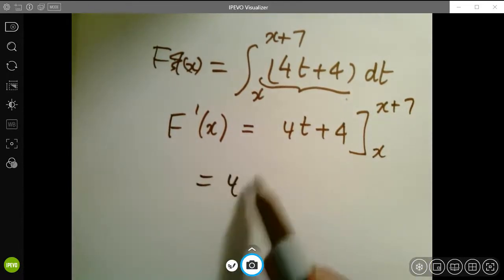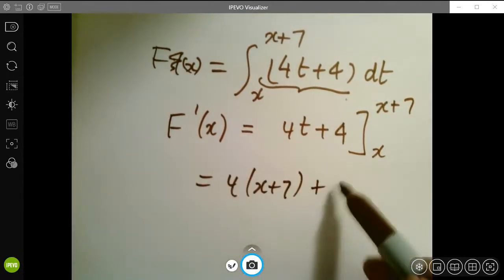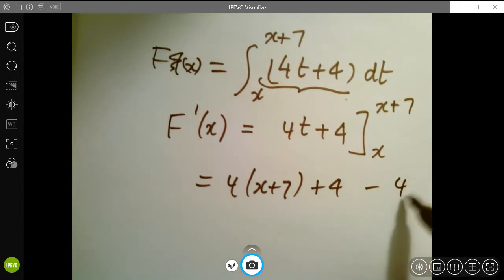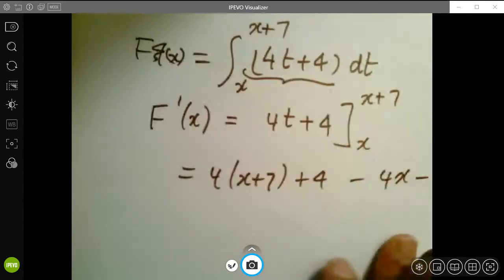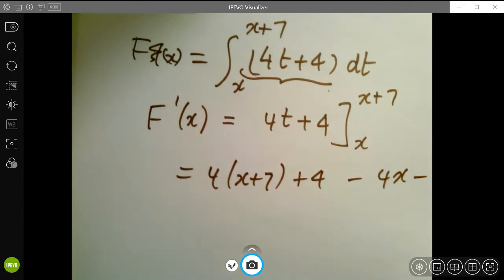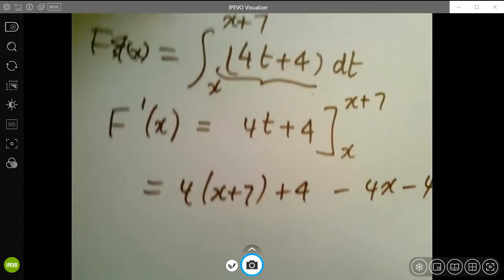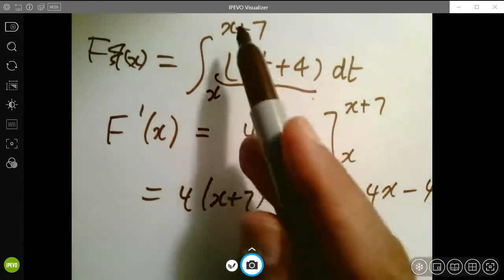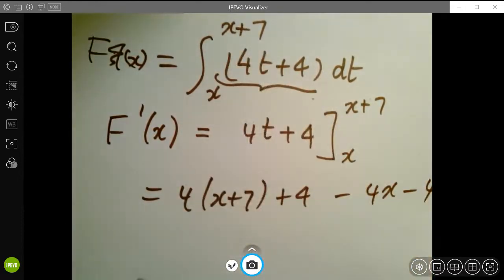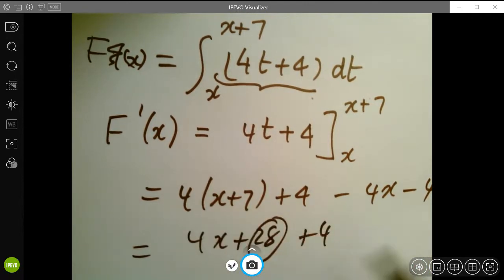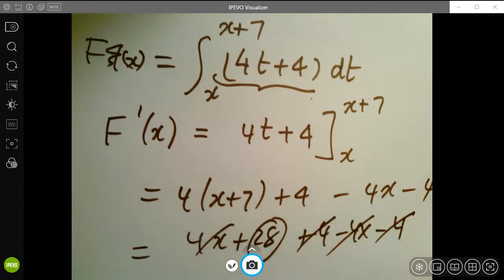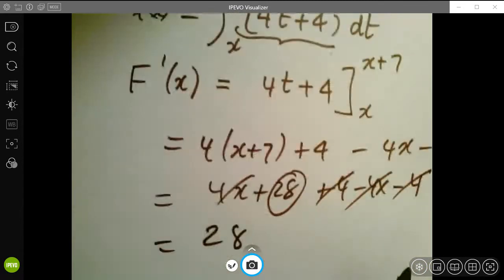Now if you plug in x plus 7 plus 4 minus, okay, I will get 28, very similar. I think this one is really easy. You just take this one, plug in here, minus this one, plug in this one, and if you do the math, you will get minus 4x minus 4, and you can see that you will get this. Okay.